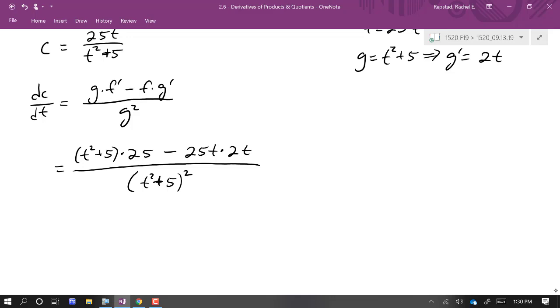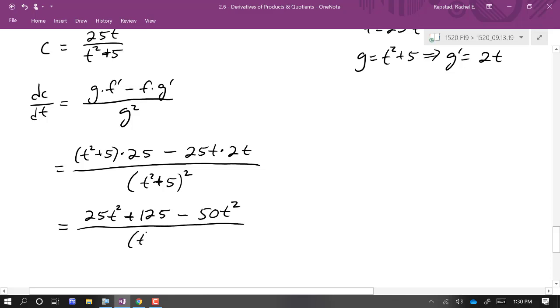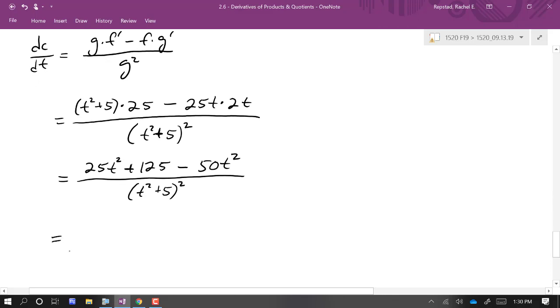So what do I need to do? Yeah, we need to multiply out these products, see what we can do to simplify the top. Plus, that's 125. Minus, that's 50t squared. And so we've got negative 25t squared plus 125 all over (t squared plus 5) squared.